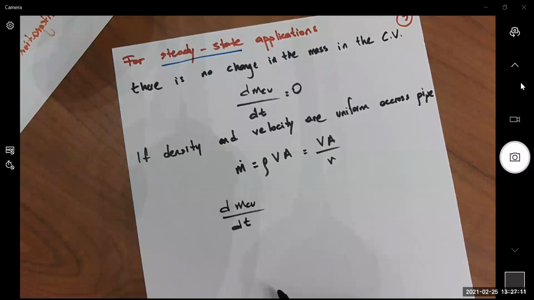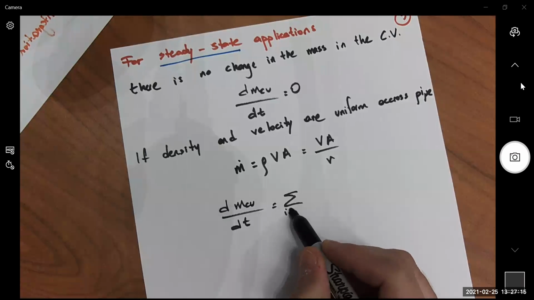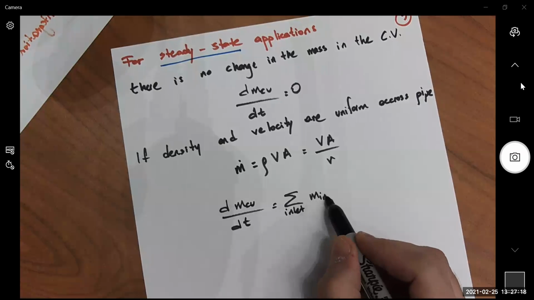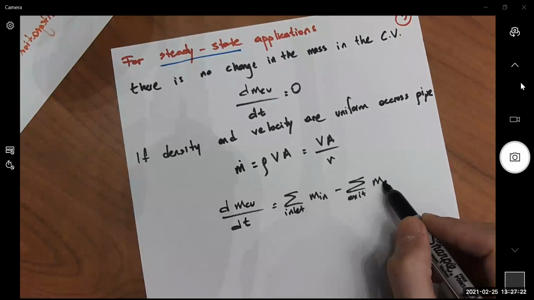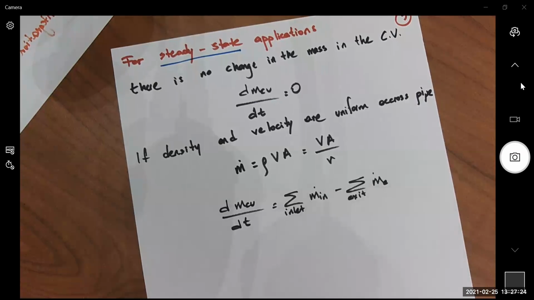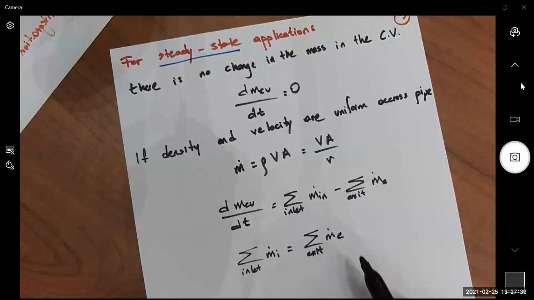I know my dm control volume over dt equals summation of mass entering and exiting, right? For steady state problems, the amount of mass entering the system equals the amount of mass exiting.